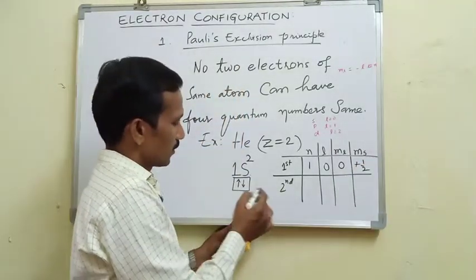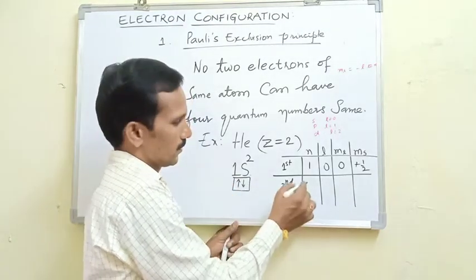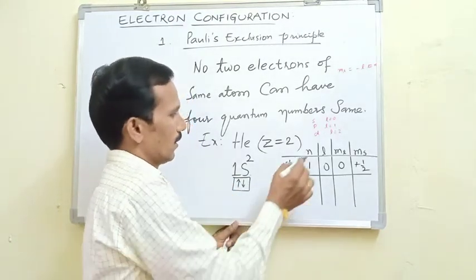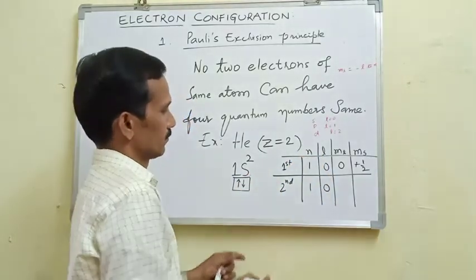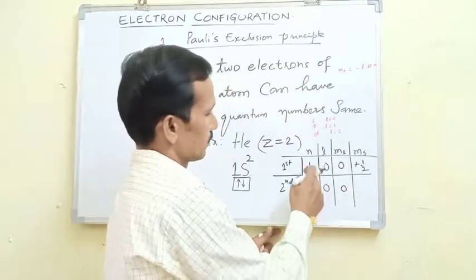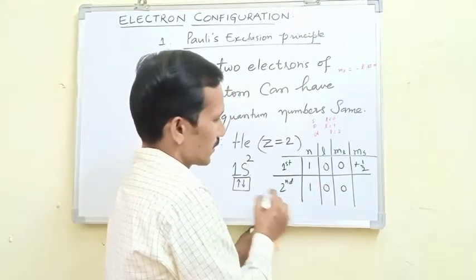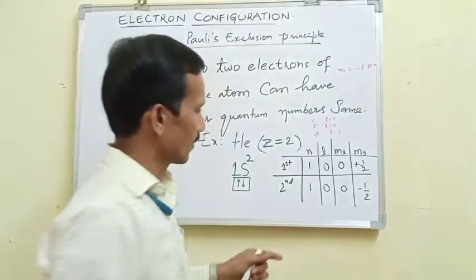The second electron also exists in the first shell, and for s orbital, l value is 0. If l value is 0, m l value is also 0. Next, the second electron is anti-clockwise direction, so we write minus 1 by 2.